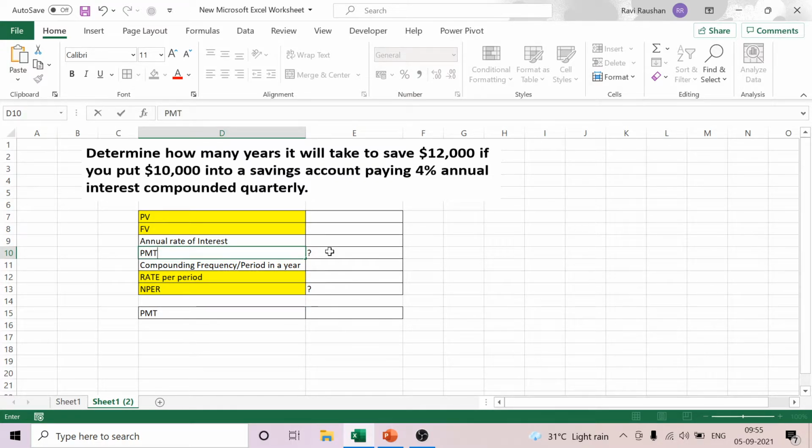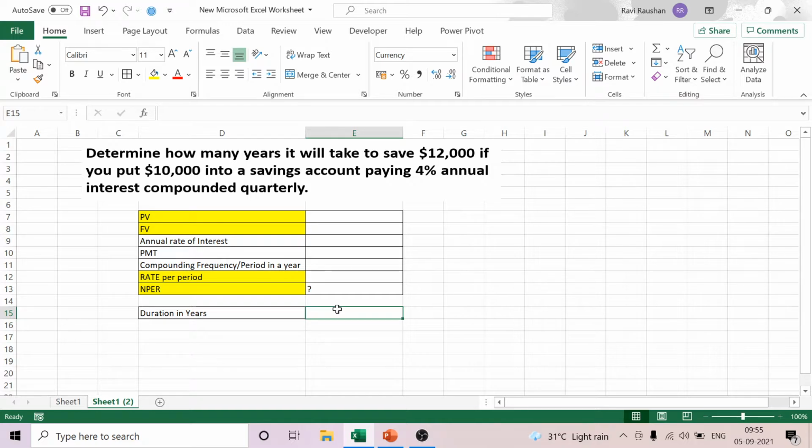I take PMT here and I write duration in years, that is supposed to be my output and that I'm supposed to calculate. It will come from here. That is when I identify what I am supposed to calculate. So if I calculate here, I can calculate the number of years. Now let us look at the present value. Determine how many years it will take to save 12,000 if you put 10,000. So you are putting 10,000 into the account. You remember it's an outflow.